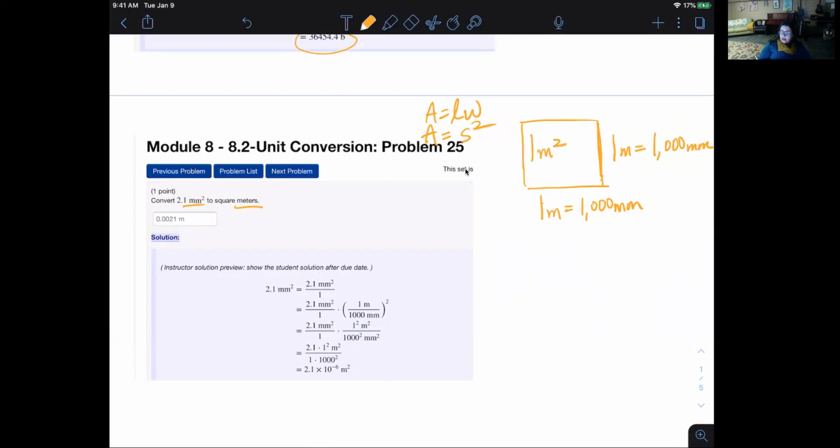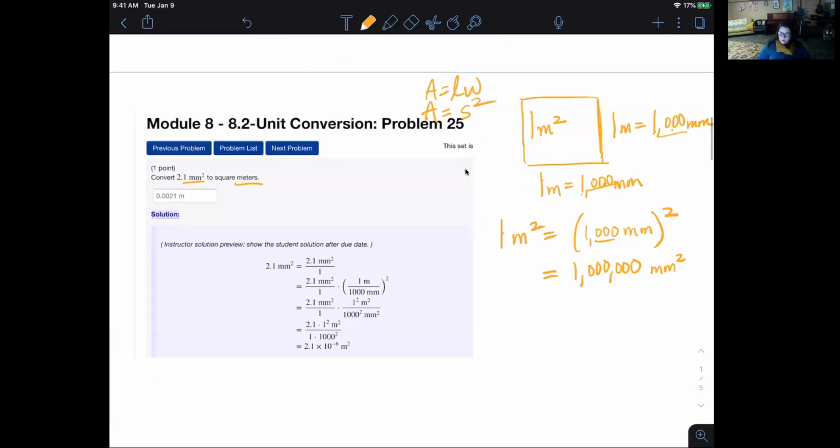And if you were to find the area in millimeters, it'd be 1,000 times 1,000. So 1 meter squared is equal to 1,000 millimeters squared, and when you square that, you're going to get 1,000,000. I have 3 zeros and then another 3 zeros, right? 1,000,000 millimeters squared is how that works.